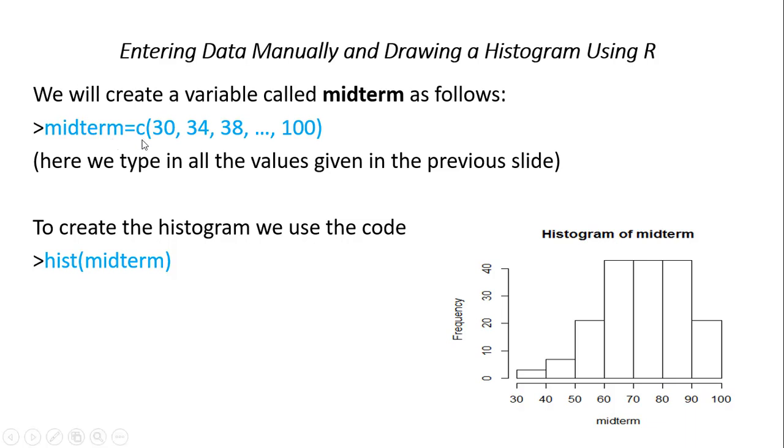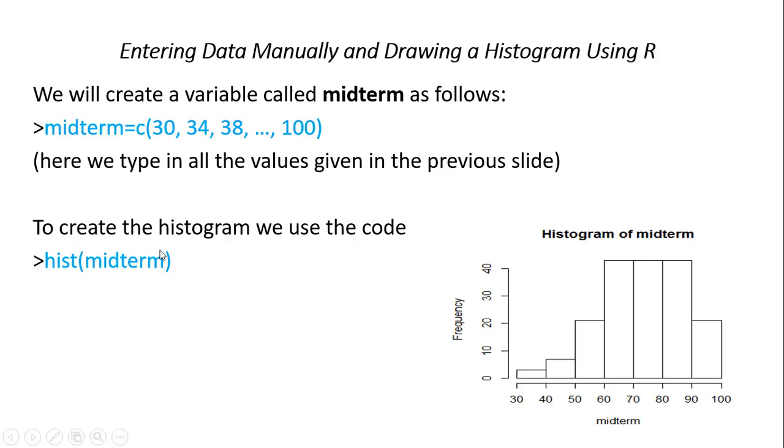This is the letter that we use when we're creating a variable. And then we type in 30, 34, 38, and so on until we reach the end of the list. So here we would type in all the values from the previous slide. There are other ways to get data into R, but we'll leave that for a later video.